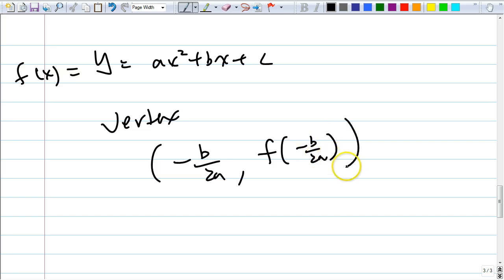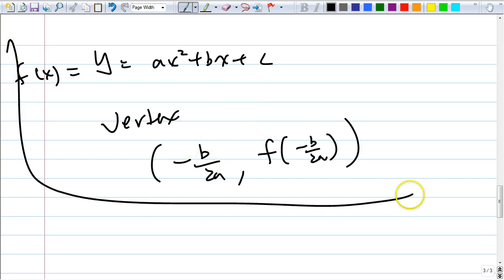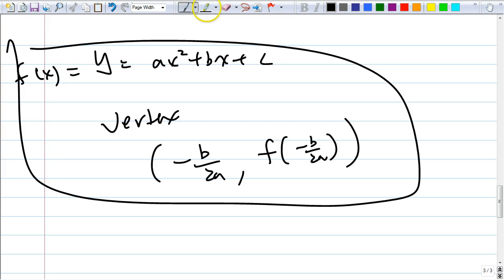So you just plug in whatever that negative b over 2a is in place of x, and you could figure out what y is. So that's why we get negative b over 2a as our vertex.